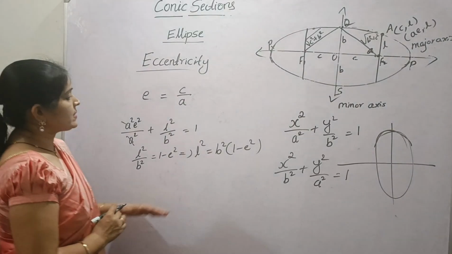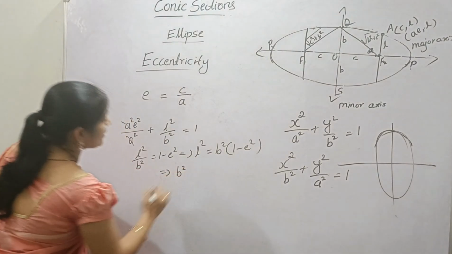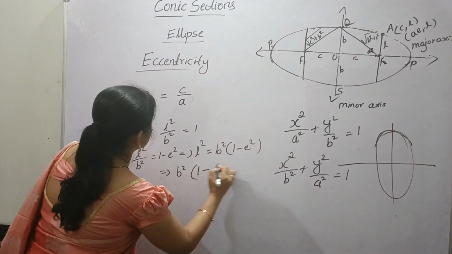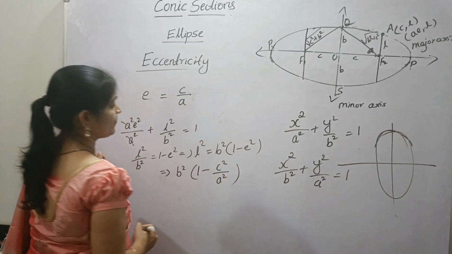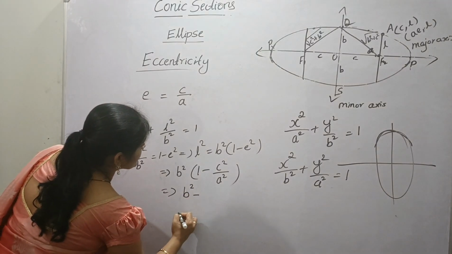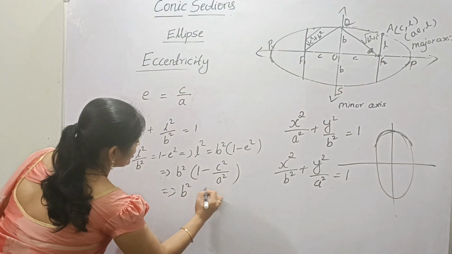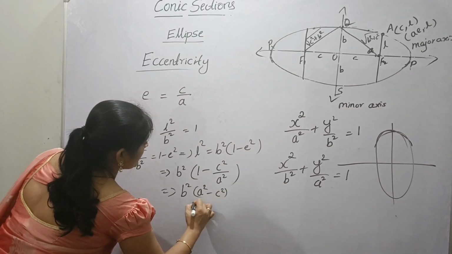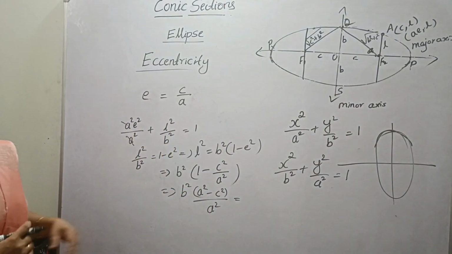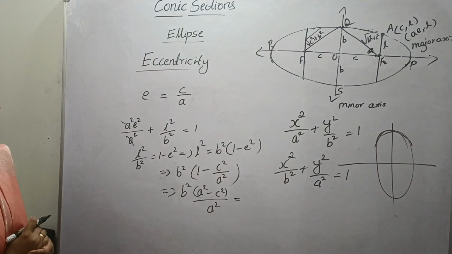Next, what is E square? B square into 1 minus C square by A square, that is B square into A square minus C square divided by A square. What is A square minus C square? It is nothing but B square.